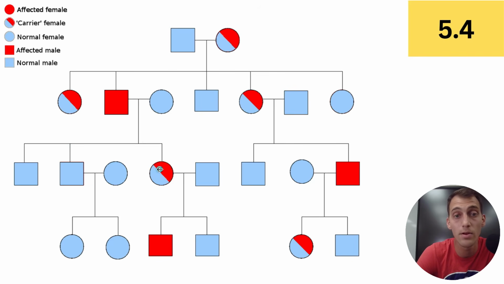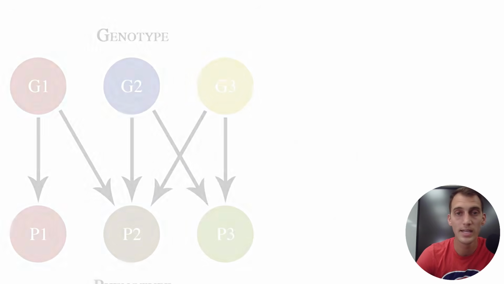He's passing down an X chromosome to one of his daughters, and then that daughter is passing that X chromosome down to one of her sons. You can pretty clearly see that pattern here of sex-linked recessive inheritance. Okay, so I'm going to show you one more pedigree here where you might have to look out for what mode of inheritance it is, but we'll get to that in just a second.